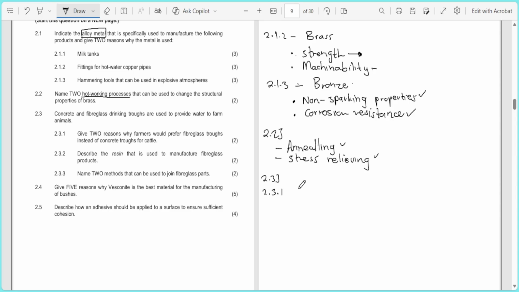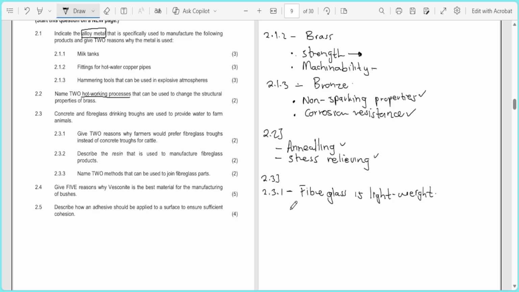Since fiberglass is lightweight when compared to concrete, I'll provide the first reason by saying fiberglass is lightweight, because it can be easily moved around without using heavy machinery.